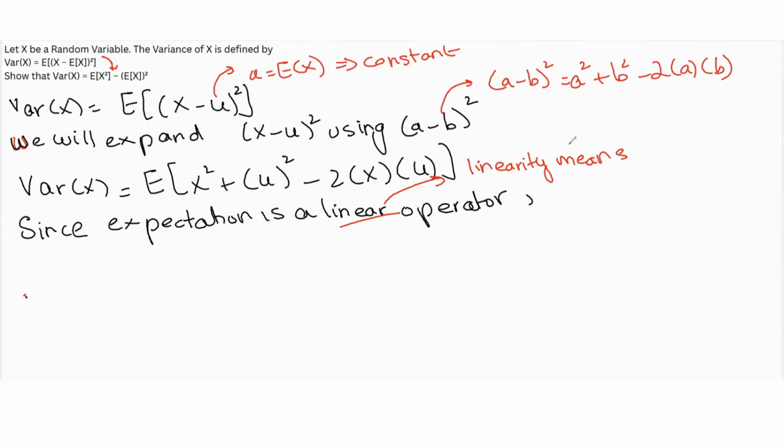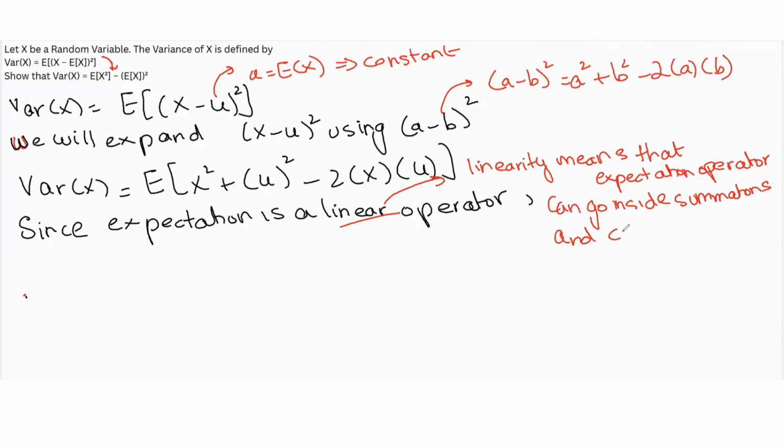Linearity means that the expectation operator can go inside summations, and constant multiples can come out. This is what linearity means.